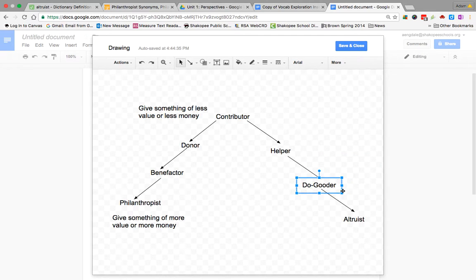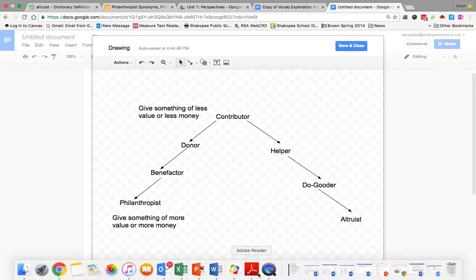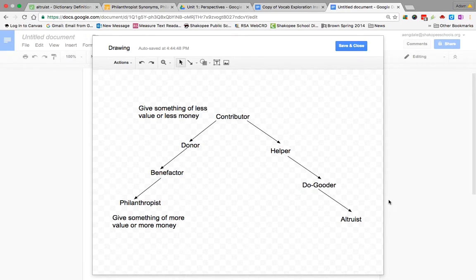A do-gooder might do it occasionally, even often, but a do-gooder seems more serious about it than a helper. But someone you might describe as an altruist, when I look at that list of altruists, I almost want to go to Gandhi and people like that. An altruist seems like someone who's really dedicated their life to it.